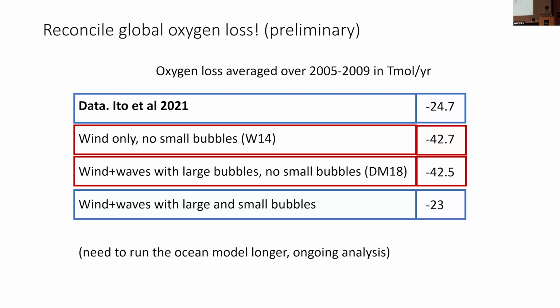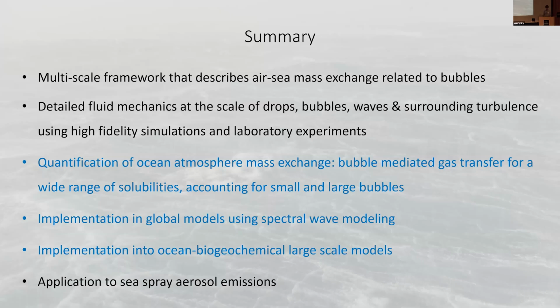If we use my formulation but without the small bubbles, you get something very similar to the one-in-cup one. But now if you add the small bubbles, you get something that might be compatible with the data. So hopefully this is going to be useful to understand oxygen processes. With this, thanks a lot for your attention.